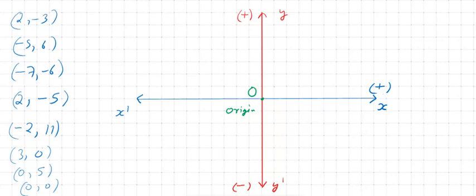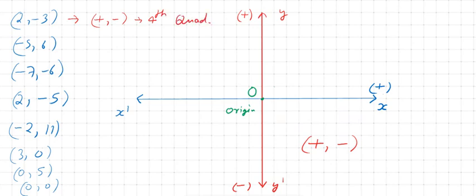So beta, 2 comma -3 is positive, negative, and positive negative will come in the fourth quadrant. So it will fall in the fourth quadrant.